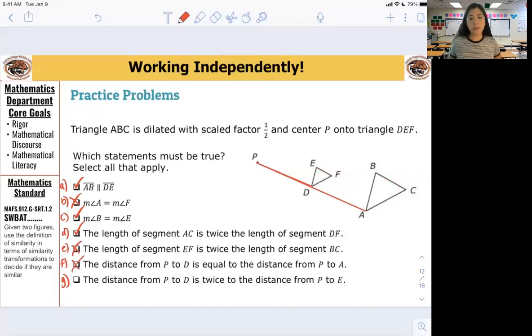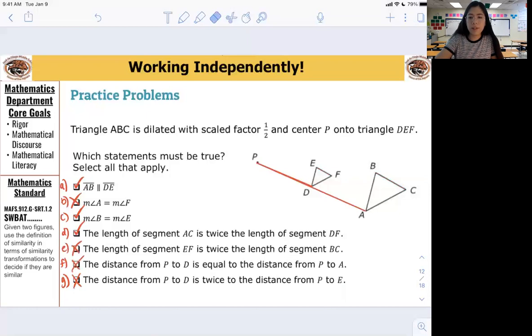The distance from P to D is twice the distance from P to E. True or false? False. If this had said A, then that would be true. But it didn't say A, it said E. So make sure you read that one carefully. So A, C, and D were the only true answers in this question.